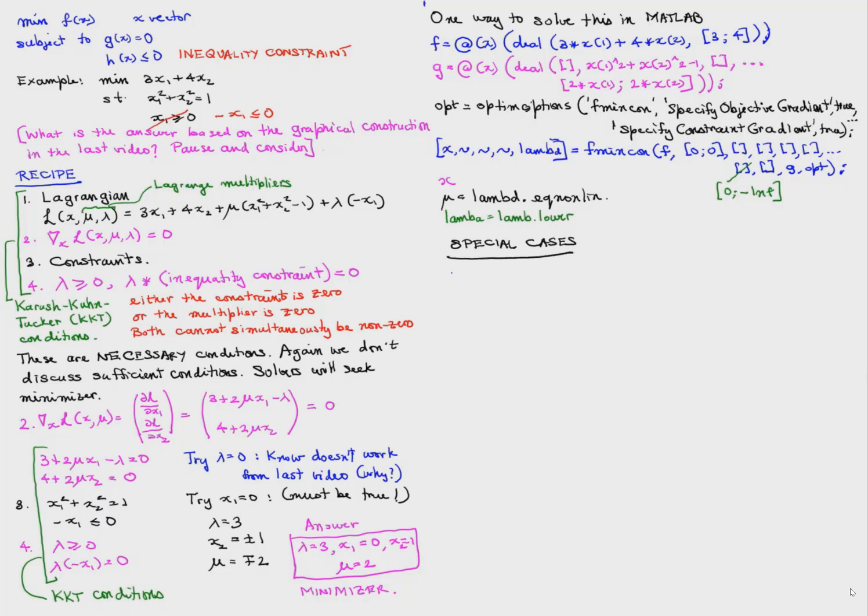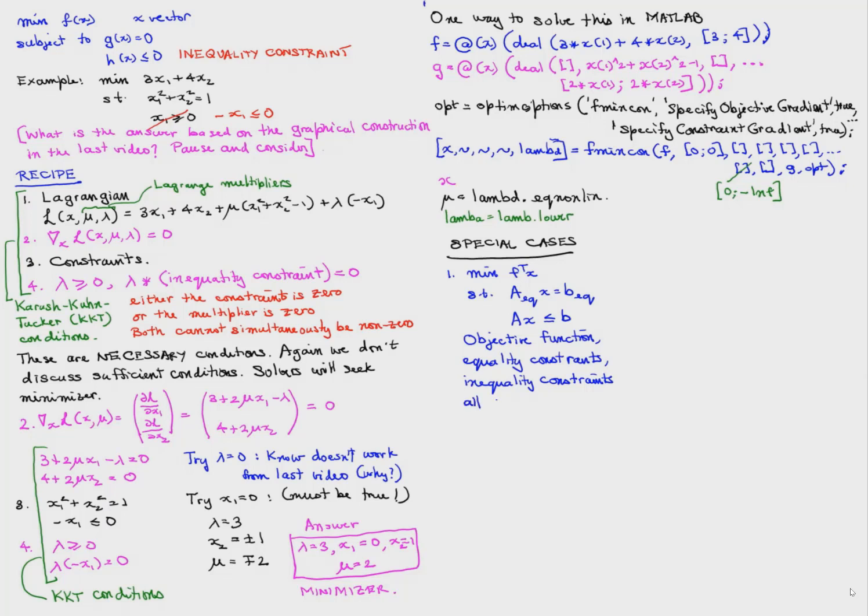Now there are some interesting special cases of inequality constraint minimization problems. The first is this: minimize f transpose x. Here f is a vector of the same size as x, with equality constraint A equality times x equals b equality, and then inequality constraint Ax less than or equal to b.